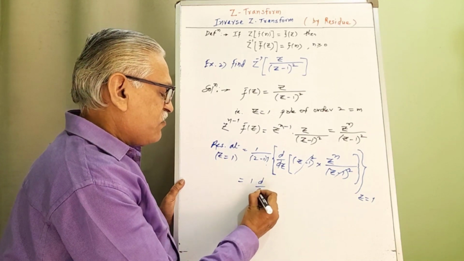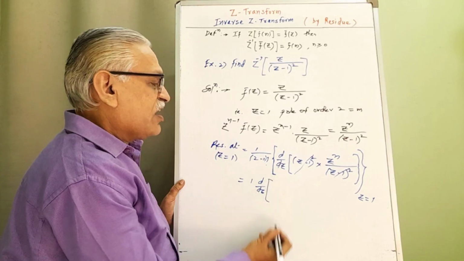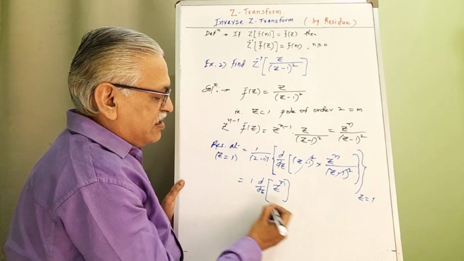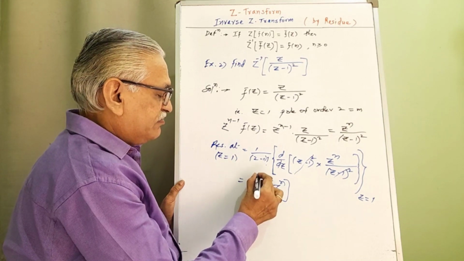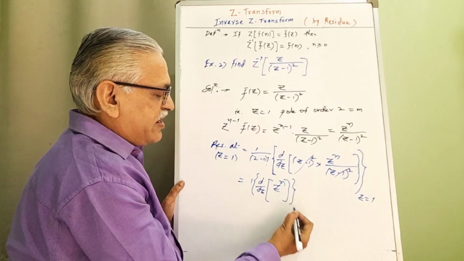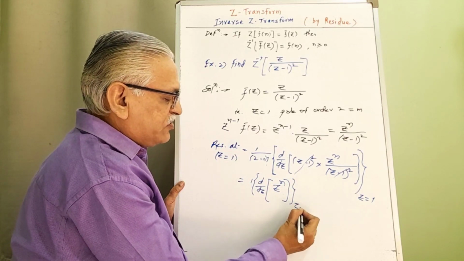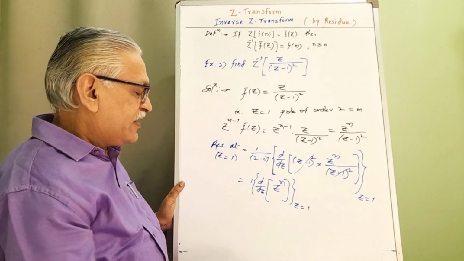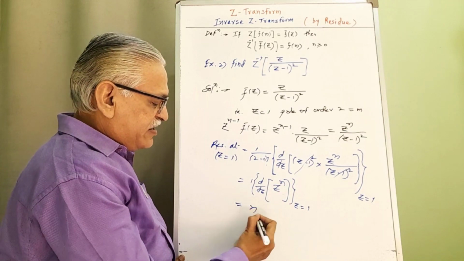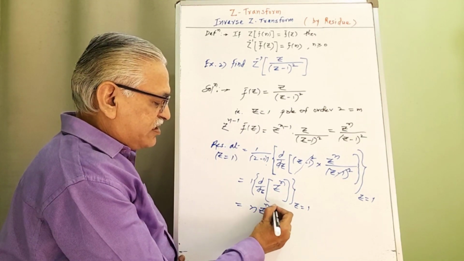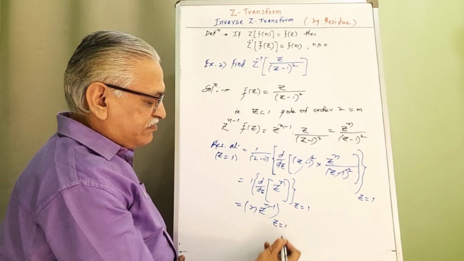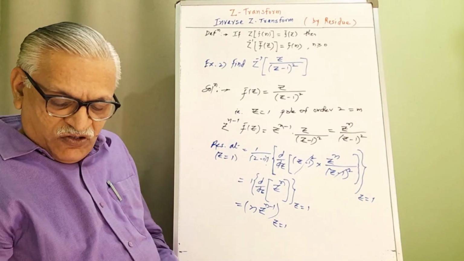D by dz of the remaining term, z raised to n, and after finding that derivative, put z equals 1. Differentiating with respect to z, we get n z raised to n minus 1, at z equals 1.